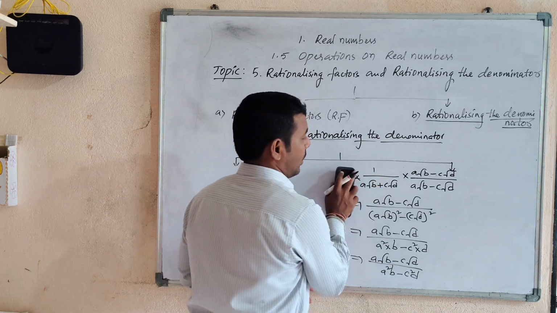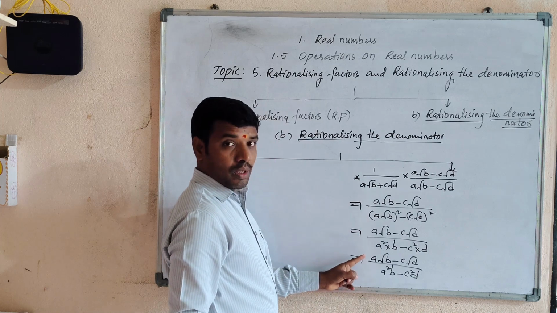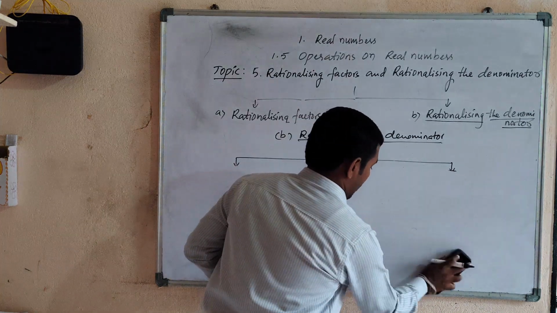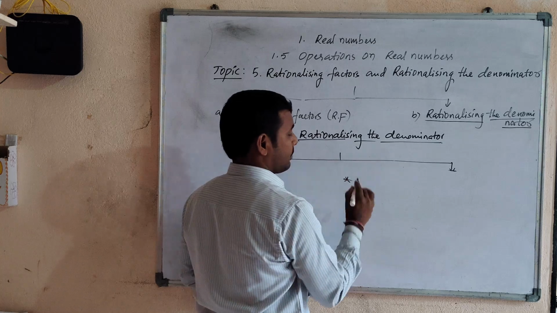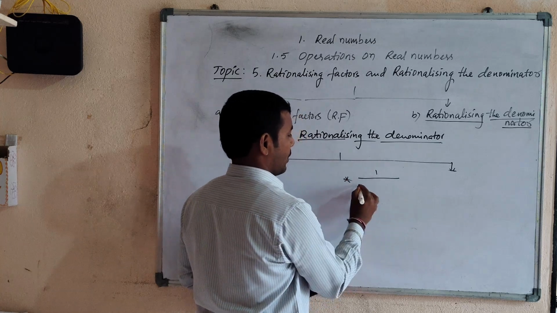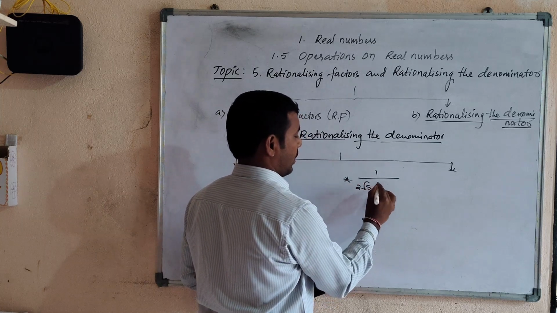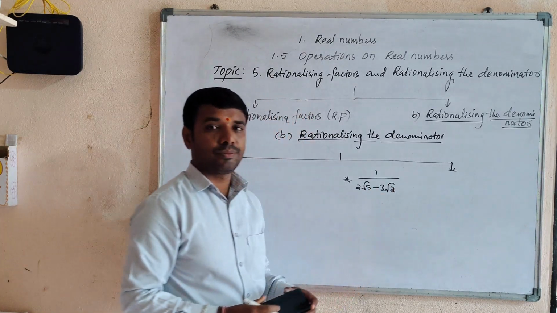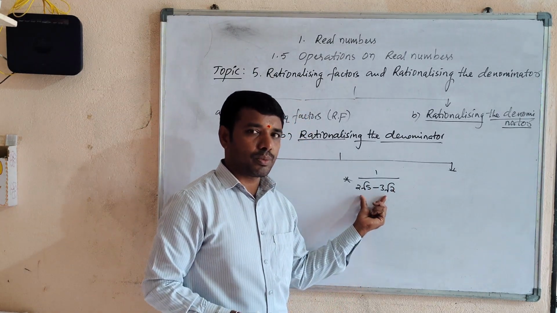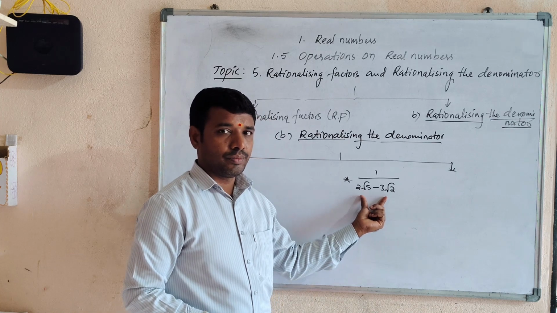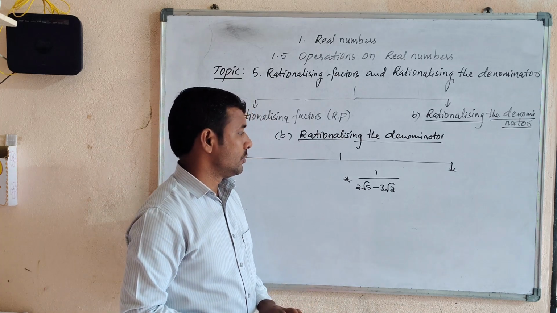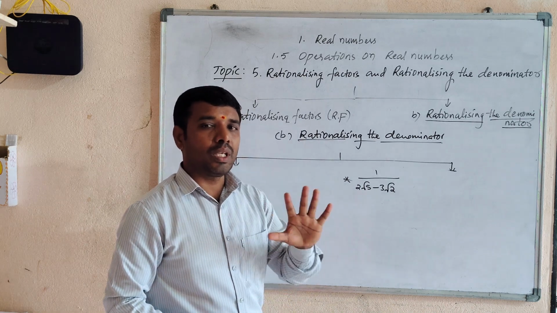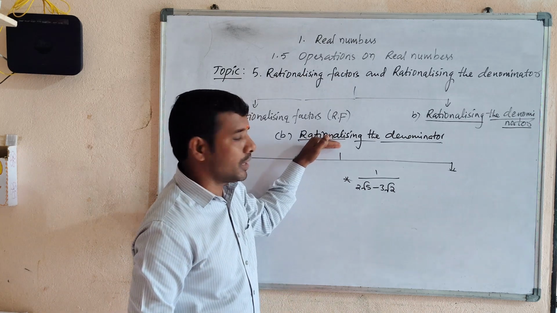One small example, observe carefully. I think okay now. One problem. What is the question? Suppose 1 by 2 into square root of 5 minus 3 into square root of 2. How to do this problem? Again the denominator is irrational. Only thing is we have to depend on this title, that's it.